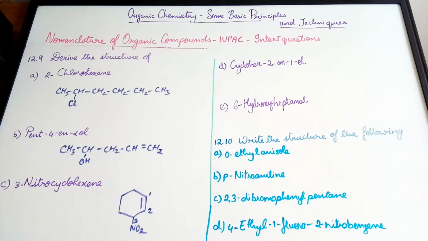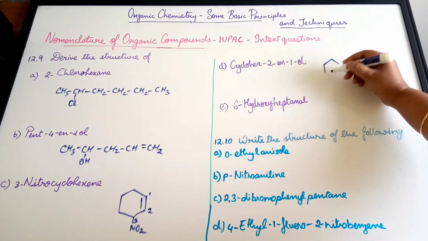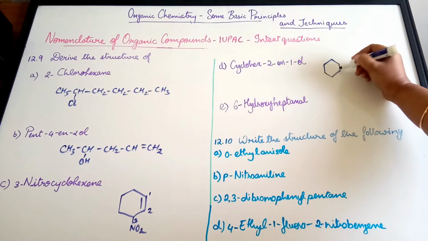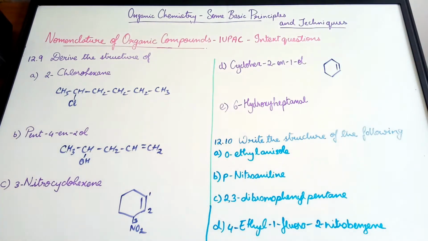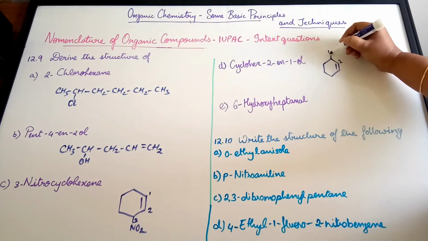Next, cyclohex-2-en-1-ol. So we know it's a cyclohexene ring. The ring has an alcohol group, and so alcohol has more priority. So let's write the alcohol here.